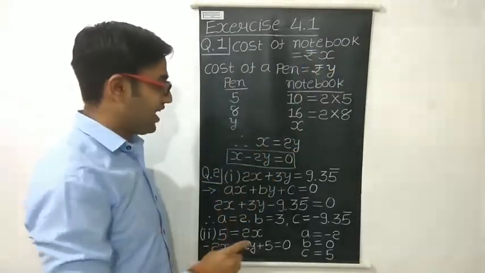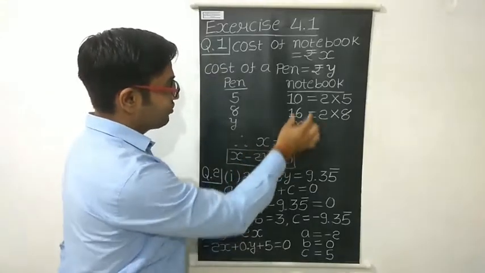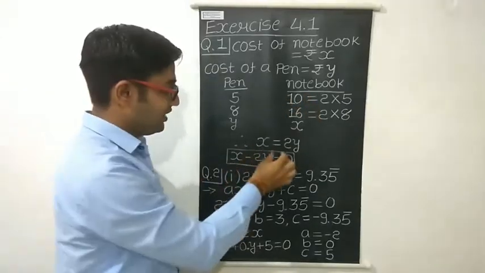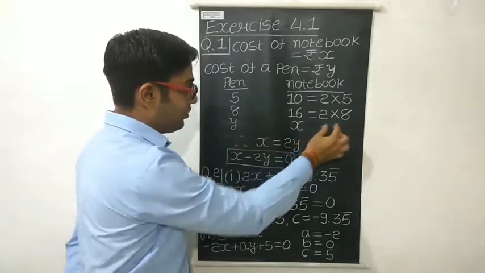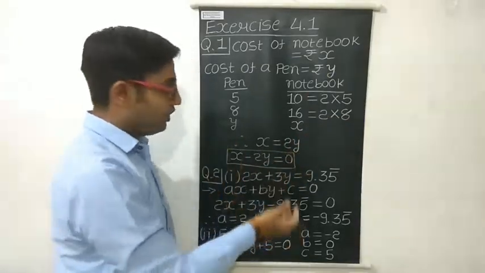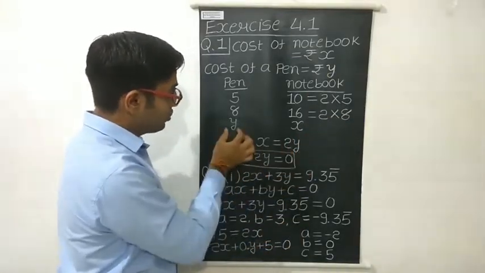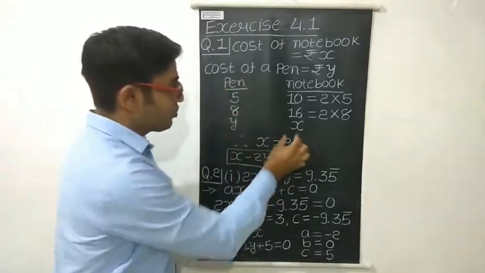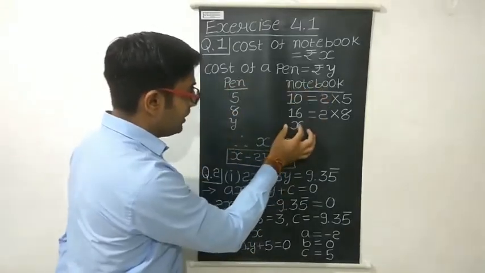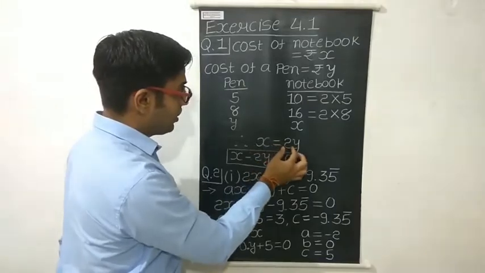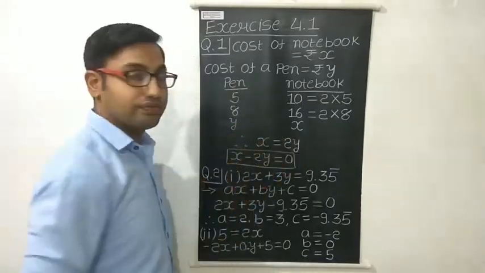Now you can see that we can write down the cost of notebook, that is x, is equal to 2 into y. 2 into y means twice the cost of pen. So the cost of a notebook is equal to twice the cost of a pen.